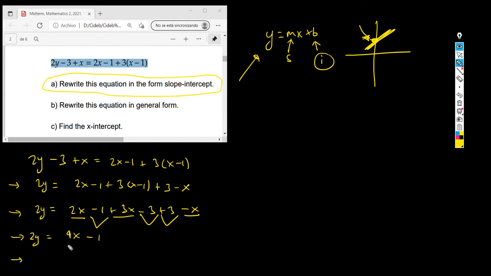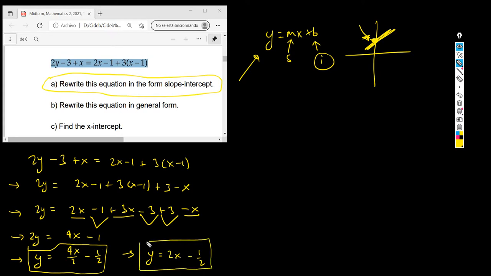And finally, we just divide both sides over 2. There you go. You can leave it like this. It's perfectly fine. Although, since you can actually divide 4 over 2 perfectly, let's do it, right? y equals 2x minus 1 half. Either way, either this or this, they are the same stuff.